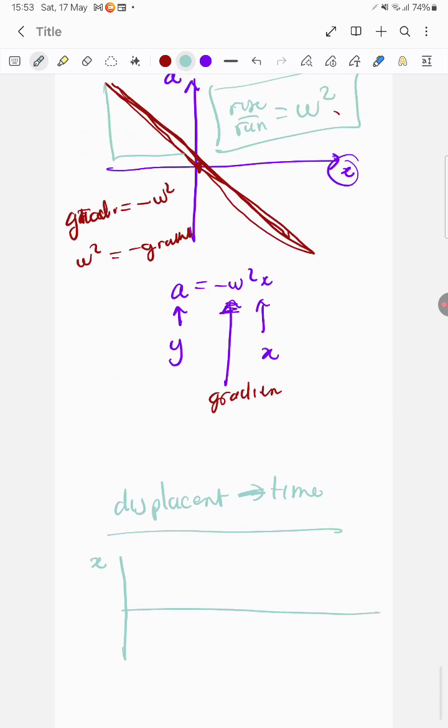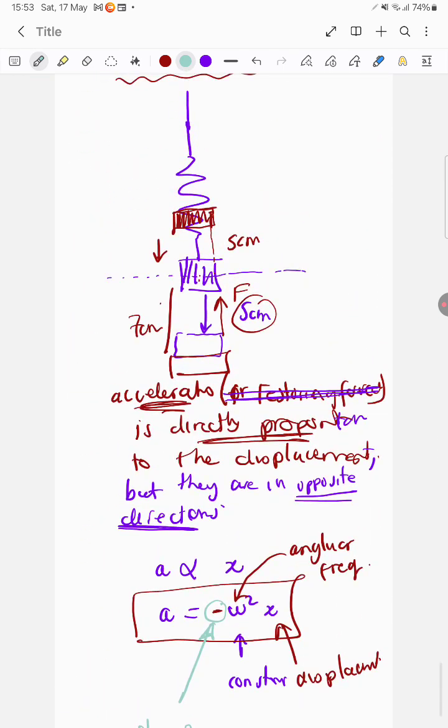So come back to a spring. If I'm starting the spring from the rest position here and it extends going this way, it's becoming positive. Maybe this is 3 centimeters as an example. Then it goes back again, 3, 2, 1, and then 0, into the negative. Then maybe -1, -2, then -3.